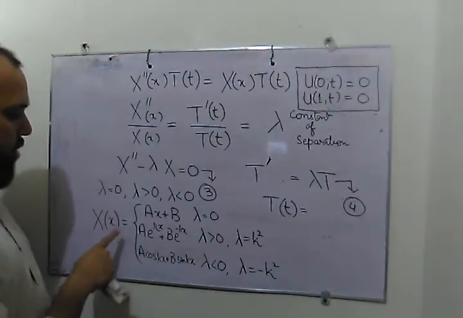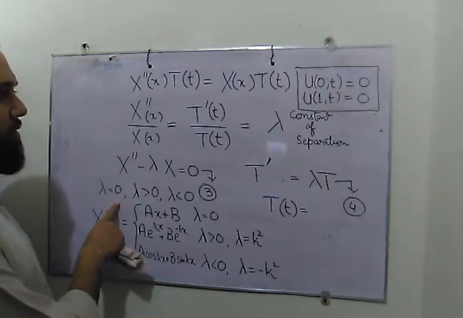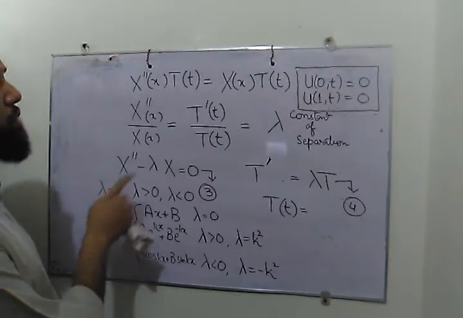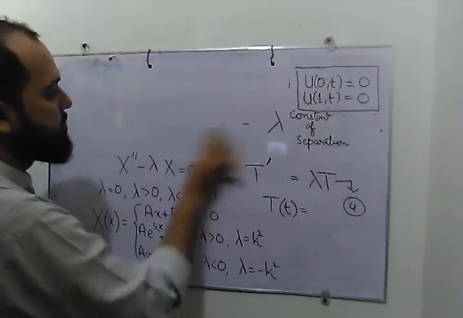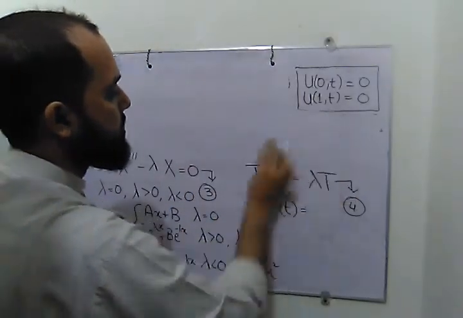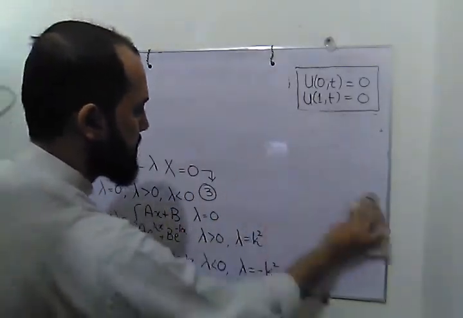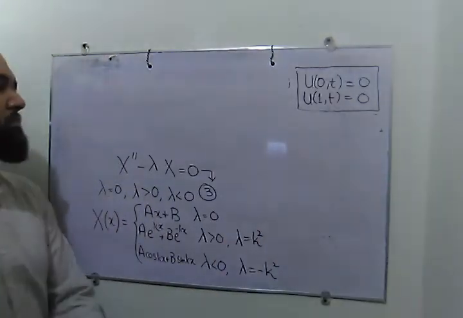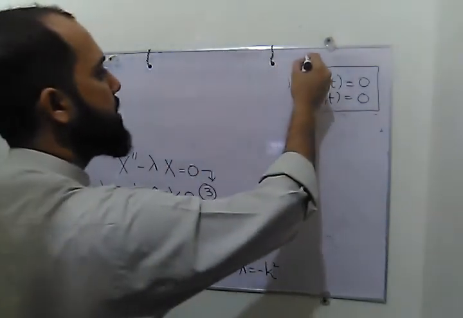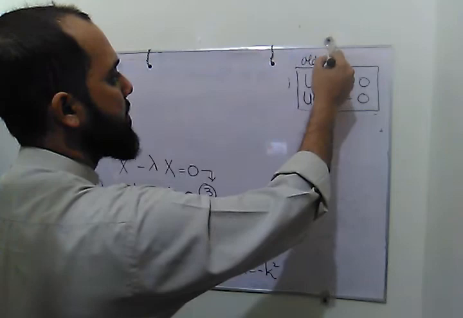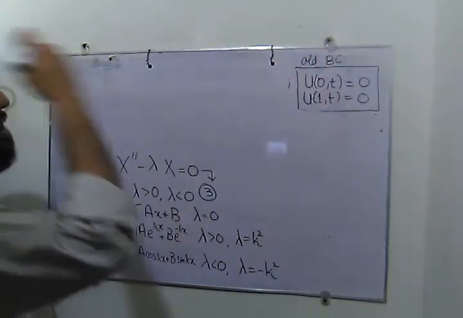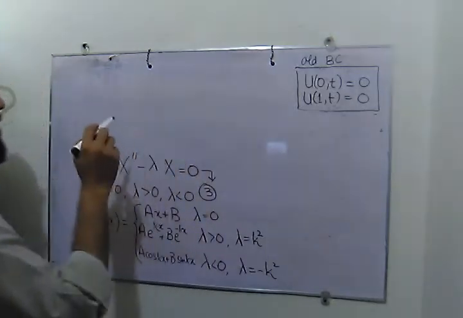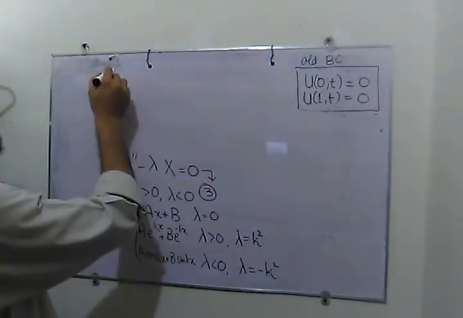So in order to solve each case, we first have to get the new boundary conditions. Let me label them as old boundary conditions, or given boundary conditions for the partial differential equation.